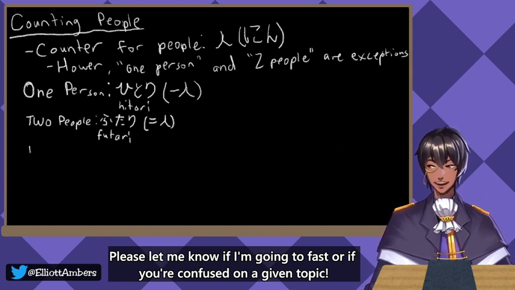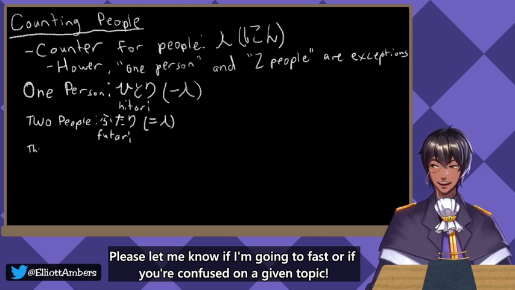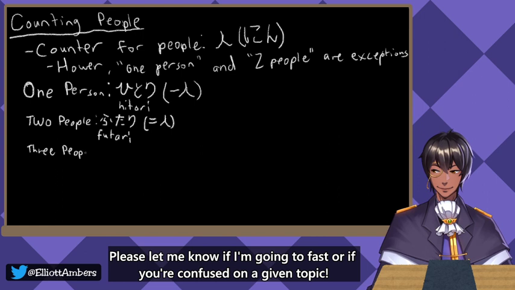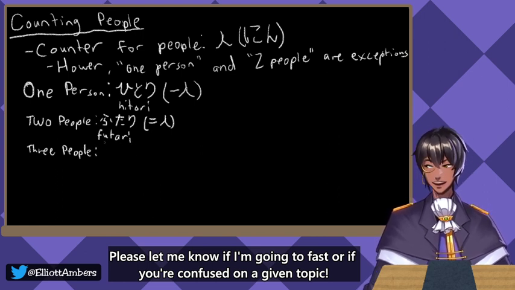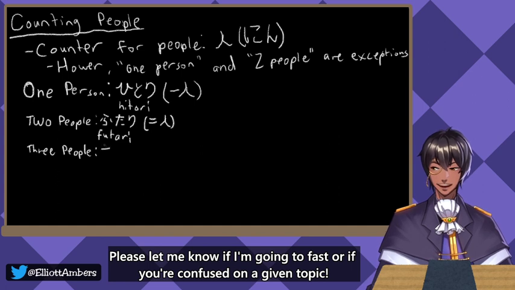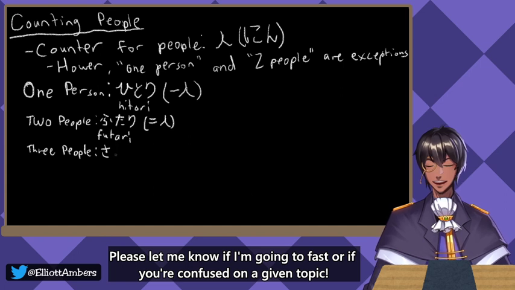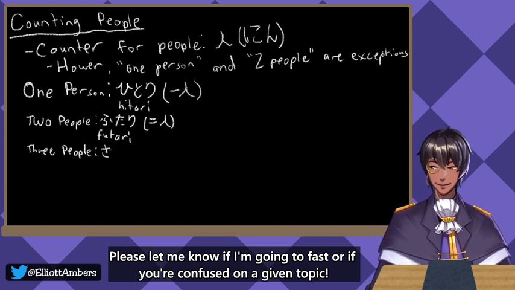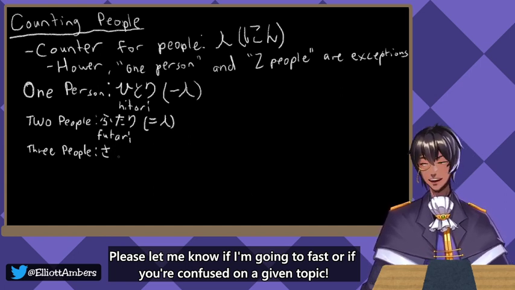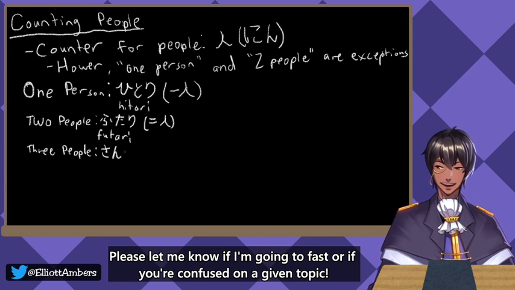Three people. And this is where it starts to get standardized. Three people is sannin. If you've watched Naruto, when they talk about the three legendary ninja, the sannin, they probably use a different kanji, but that's how I remember three people: san, nin.